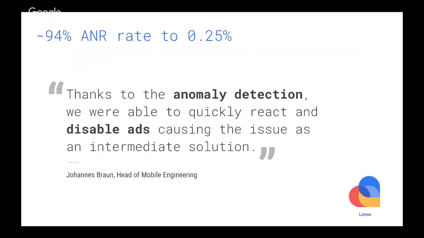Another important point to realize from this is that oftentimes it's not you as the app developer that introduces the issue, but third-party libraries that you depend on might introduce an issue that you are not aware of, and these anomaly alerts can inform you when there is an actual issue.